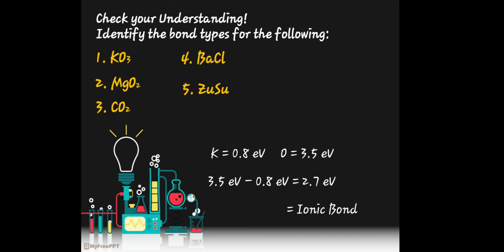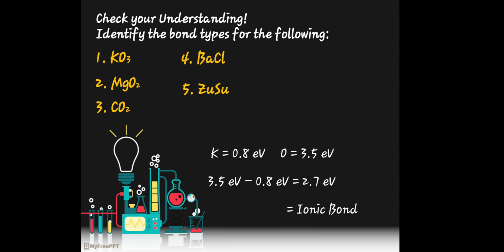Okay? So, check your understanding. Identify the bond types for the following. We have K2O, potassium oxide. We also have MgO, magnesium oxide, and CO2 or carbon dioxide.